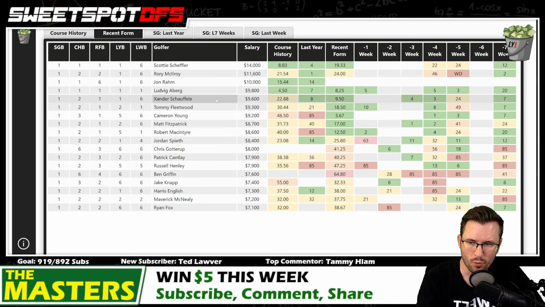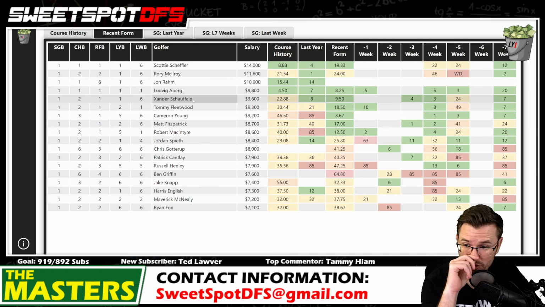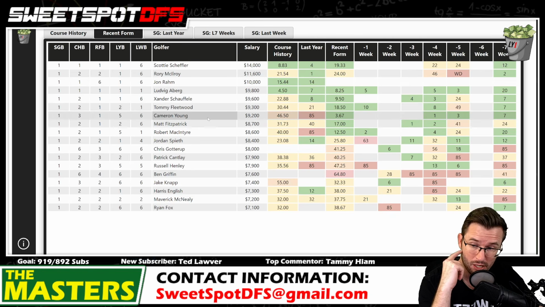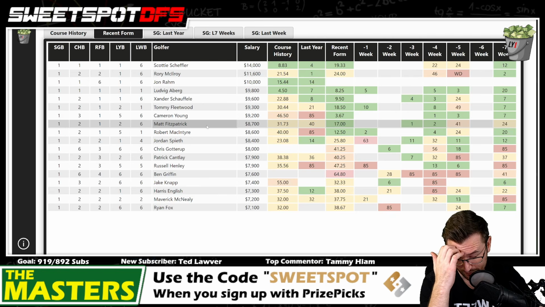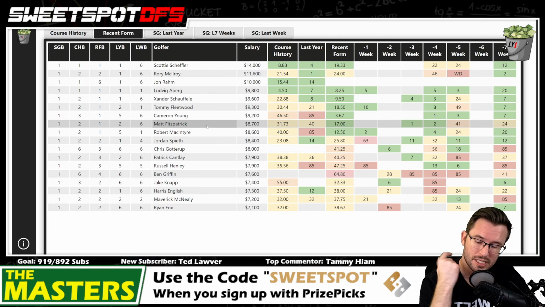Xander. Okay, this is where we probably get into the 33%. Rahm can be 33. Xander can be 33. Fleetwood can be 33. Cam Young can also be 33. Fitzpatrick will probably be 27. So I have 3 or 4 guys that are over 33%. That's 142%. Or is it 100? No, 132%. 30 times 4 is 120, and then 4 times 3 is 12. You just add that to the 120. That's 132.